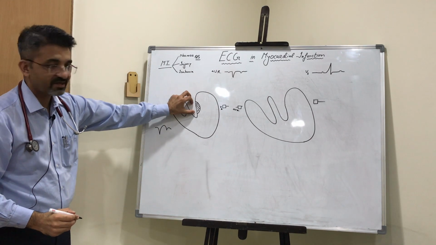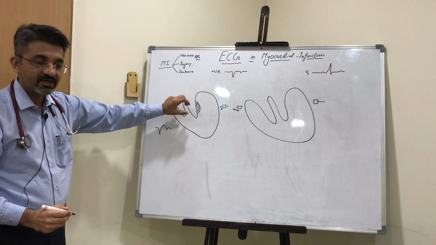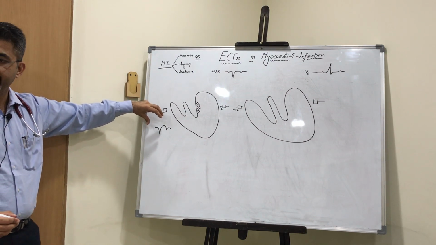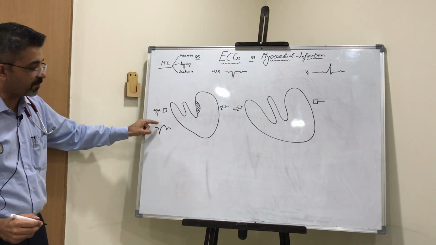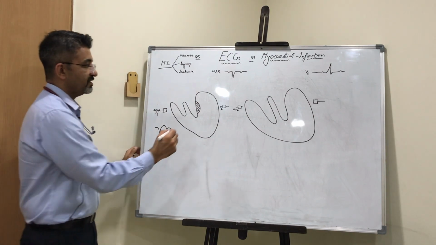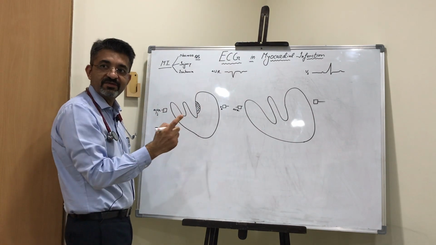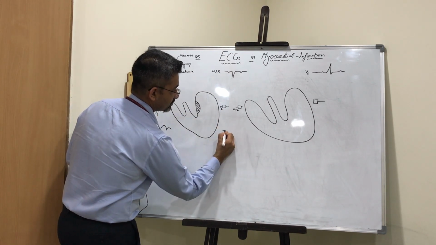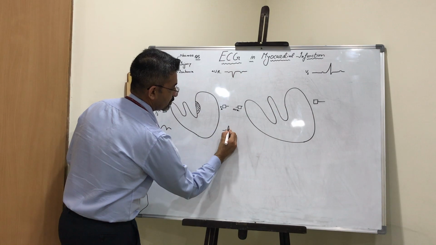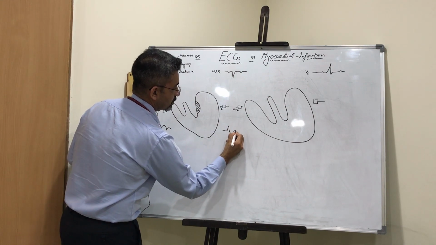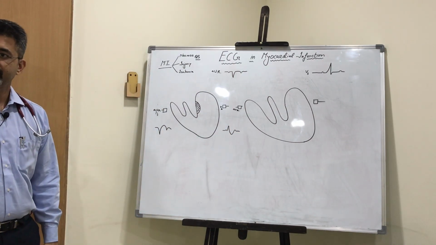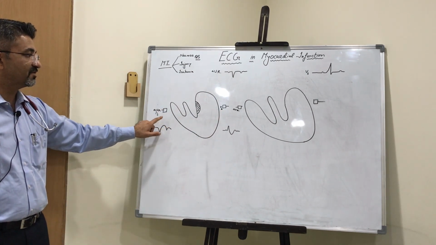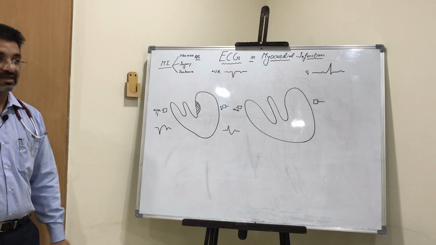See, this is an infarcted area. The current direction will be towards AVR. Okay, the ST segment will curve up in AVR, but it is away from V6. ST segment moves towards the infarcted area. So my V6 will look like this.